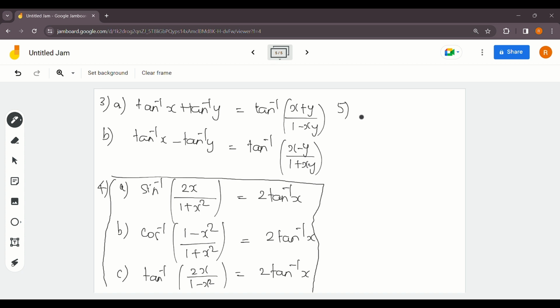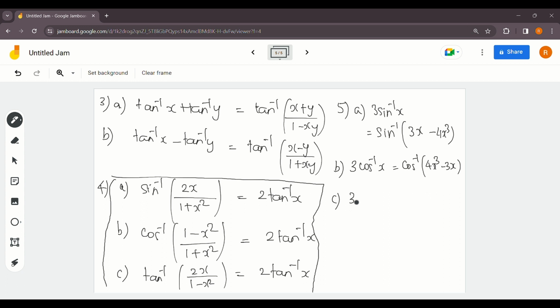Again you have three subdivisions. 3 sine inverse x equal to sine inverse of 3x minus 4x cube. B is 3 cos inverse x equal to cos inverse of 4x cube minus 3x.